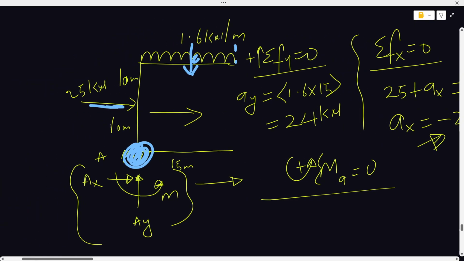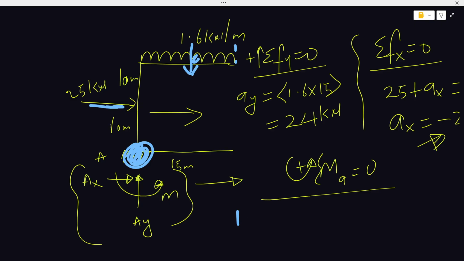So I'll be having 1.6 times 15 squared over 2 plus, now this blue stuff will be rotating it in a clockwise manner. Also, this 25 force, which is acting like this, will also rotate this ball in a clockwise manner.